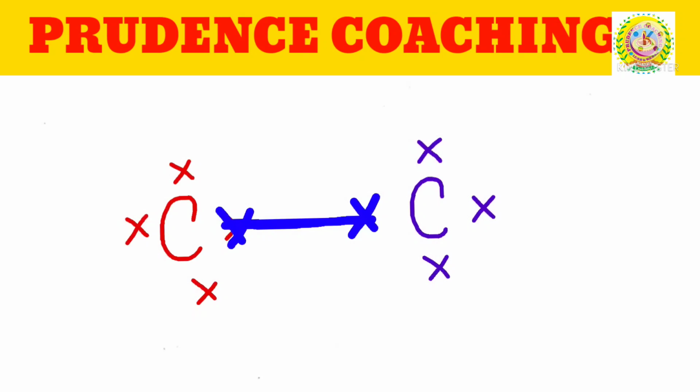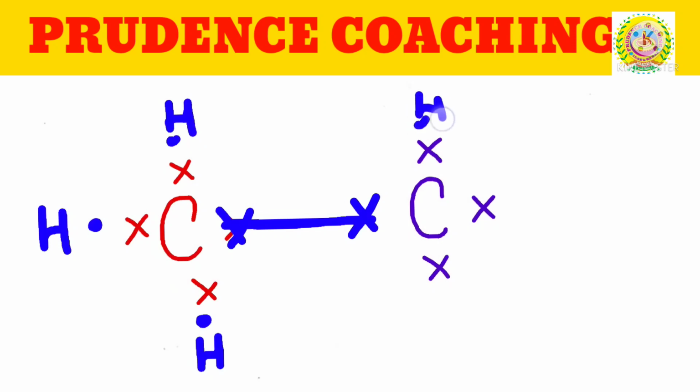Now, if we bring hydrogen here, as hydrogen has 1 valence electron, we are giving each valence electron of carbon 1 hydrogen. So we are writing hydrogen here, here also 1 hydrogen, here also 1 hydrogen.